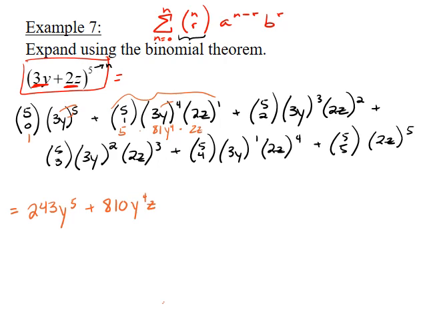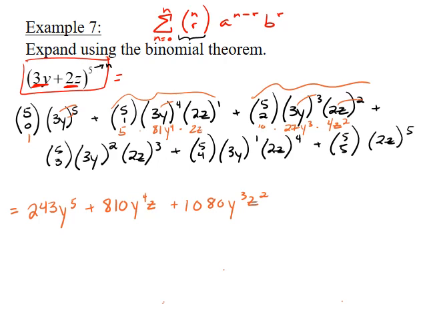Same thing in the next one. 5 choose 2 is 10. 3 cubed is 27 y cubed. And 4z squared. We'll need to multiply each of those. And when we do, we have 1080 y cubed z squared.